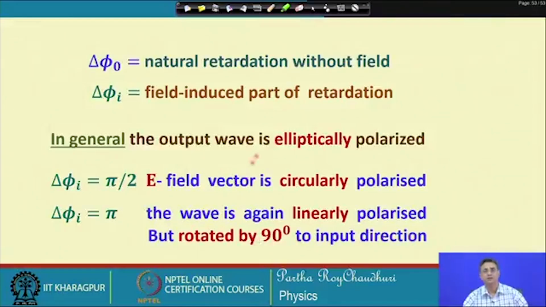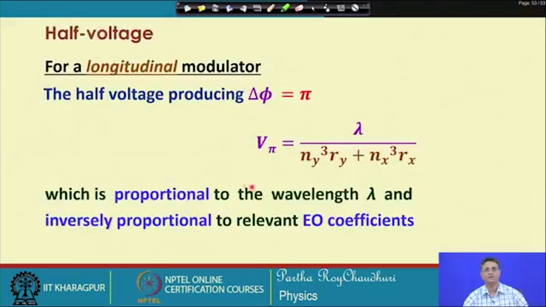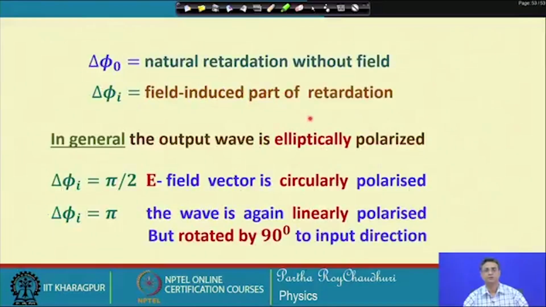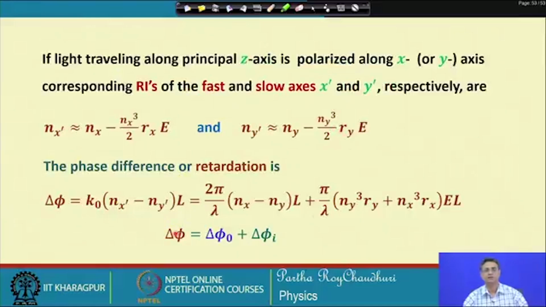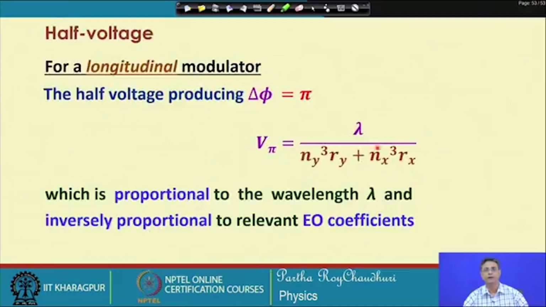So, this is how you can continuously modulate the polarization of the output, and in this case the corresponding half voltage is given by this equation, which comes from this equation, that is the voltage required to switch the modulator; this phase must be put equal to pi.